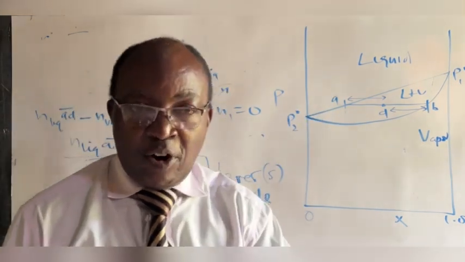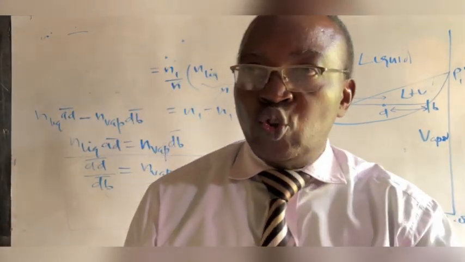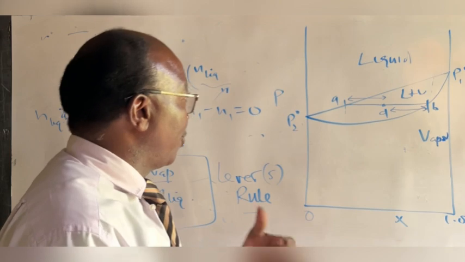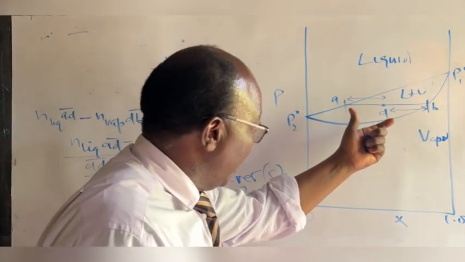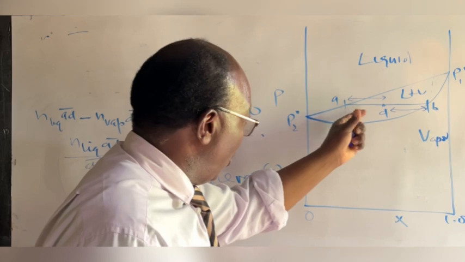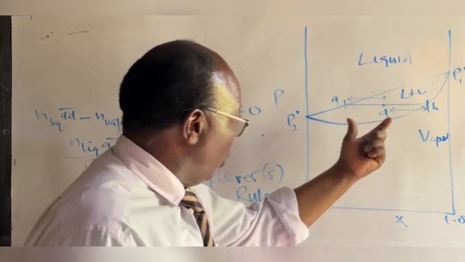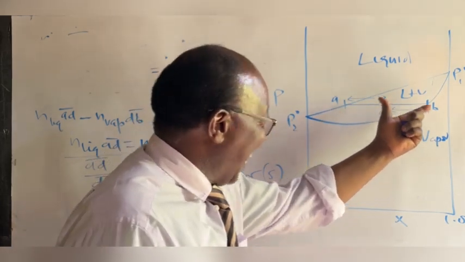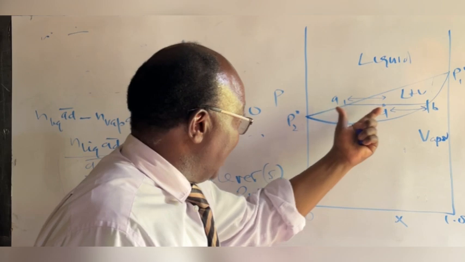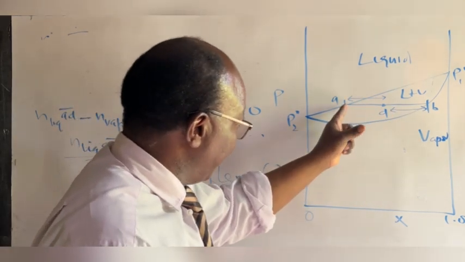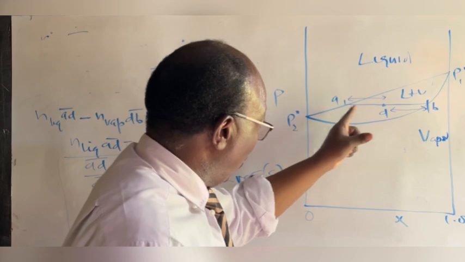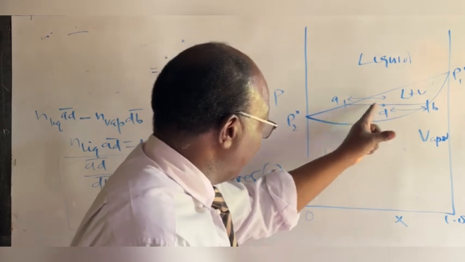That's a mnemonic for remembering the lever's rule, so that you don't have to go through the derivation. If you have your two-phase region in a binary system and you want to know the relative amounts, all you do is draw a tie line through the state point. Remember, the line linking D to the points on the curve, we call this a tie line.